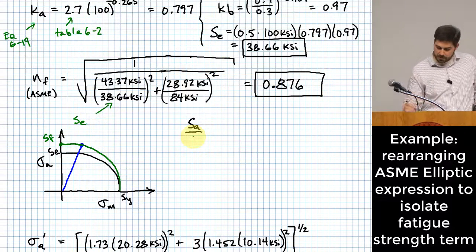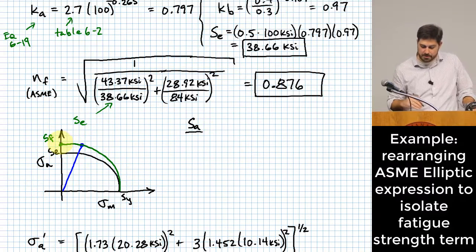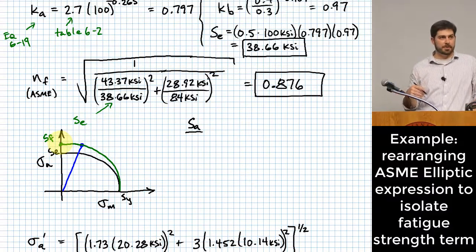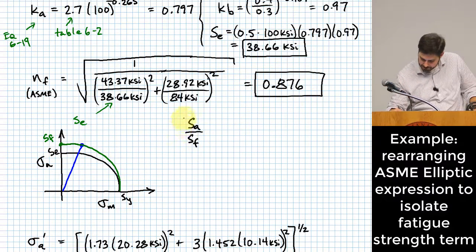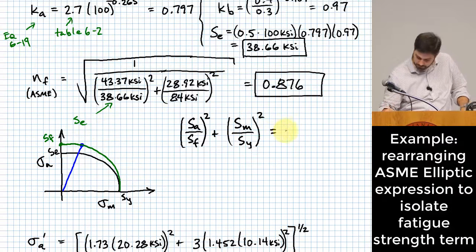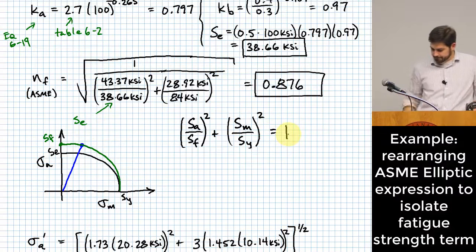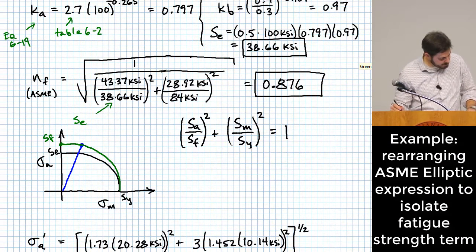Because we're not using the case where this curve comes up and hits S sub E. We're using where it comes up and hits some larger strength value that implies a non-infinite life. So we have S sub F here, and this is going to be squared. And we have S sub M over S sub Y squared, and this is equal to 1.